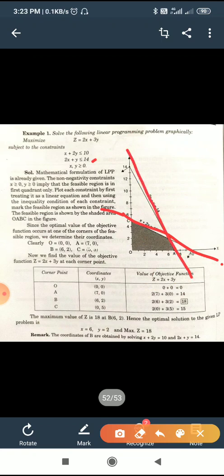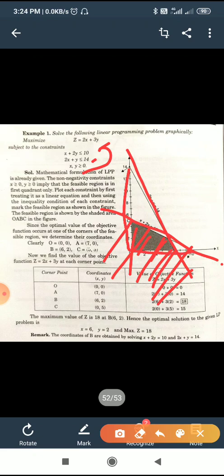Now we find the bounded region by these two restrictions. First restriction, x plus 2y less than or equal to 10, means the region is this side, and the second restriction is also less than or equal to, so also this side. The non-negativity condition says that the region lies in the first quadrant.